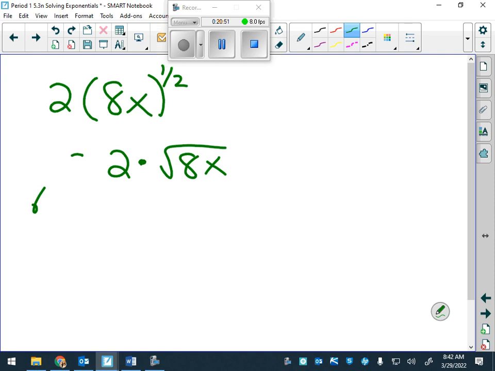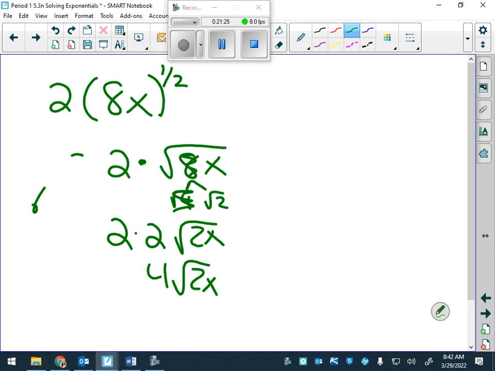To what? Yep. So the square root of 4 is 2. I can't do anything with this left over. So that stays inside. Okay? Excuse me.